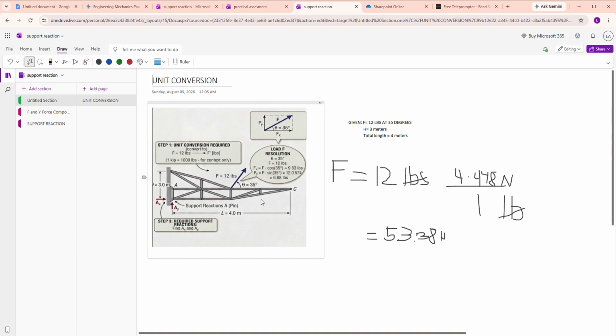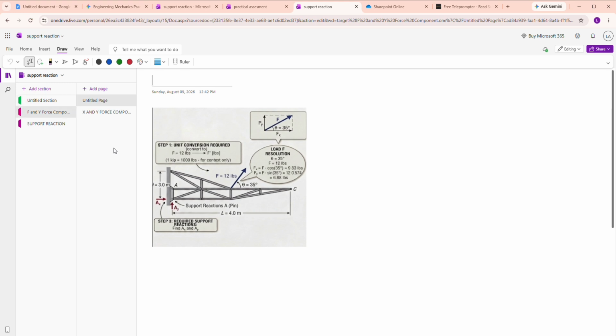To analyze its behavior, we must resolve it into 2 rectangular vector components, Fx and Fy. Since Fx is adjacent to the 35 degree angle, we use the cosine function.